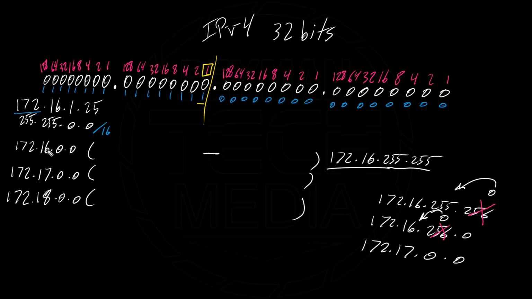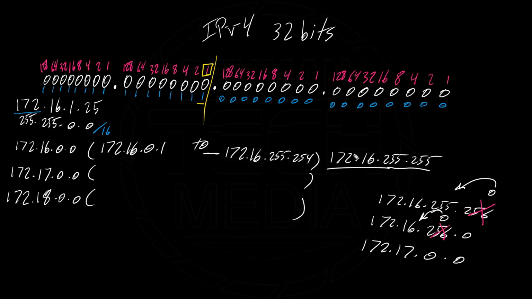And now let's go over the range. Okay, so 172.16.0.0. The first usable IP address would be 172.16.0.1. That's the first usable IP address. And it goes to 172.16.255.254. That's the range.